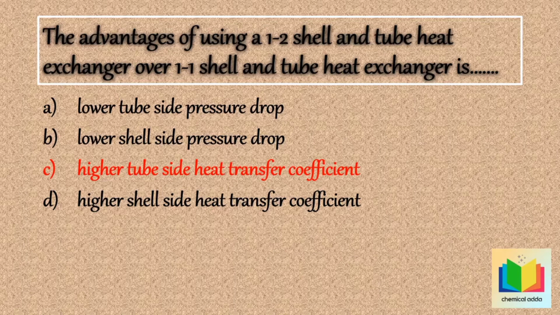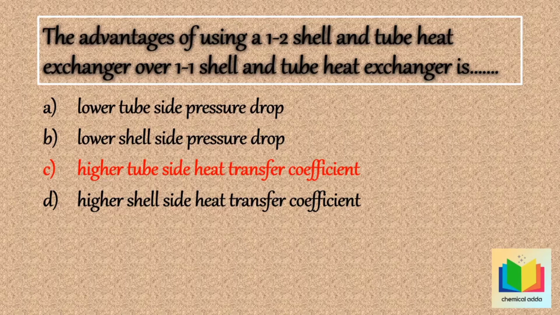And in a 1-1 shell and tube heat exchanger, the shell side fluid and tube side fluid flow once through the exchanger. Hence in a 1-2 shell and tube heat exchanger, due to 2 tube passes on the tube side, the fluid velocity increases, and as a result, it increases the tube side heat transfer coefficient.